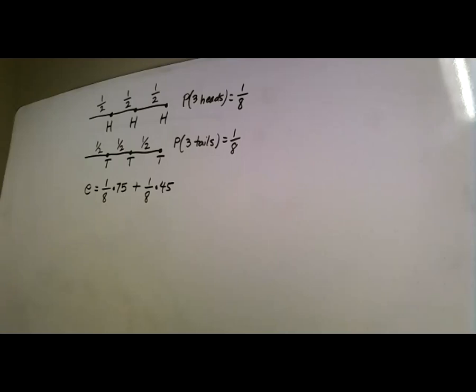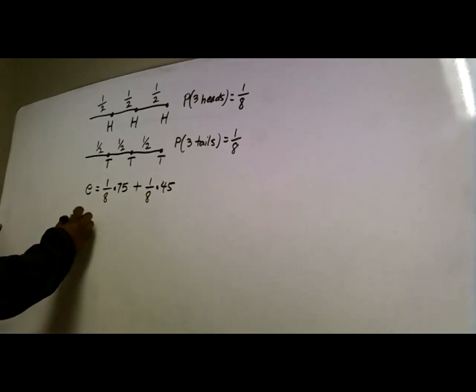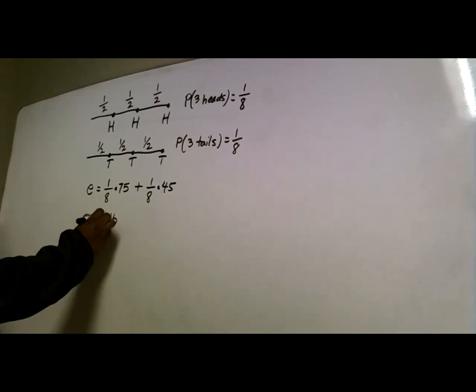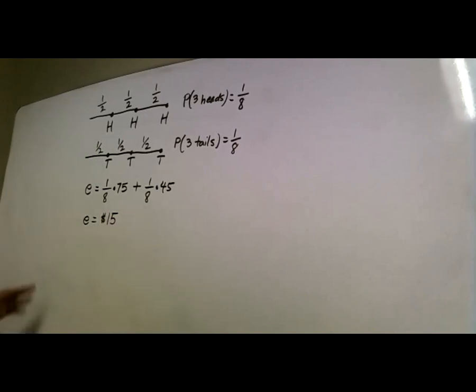Okay. So if I do 1/8 times 75, and then 1 divided by 8 times 45, add those two, the expected value would be $15.